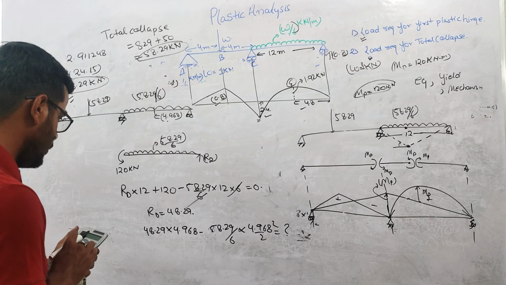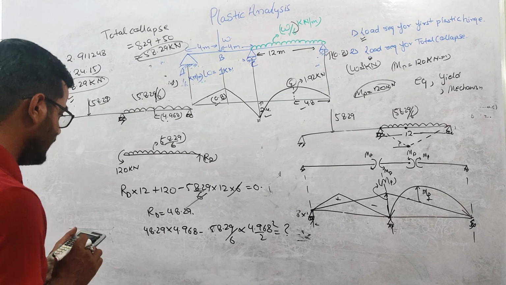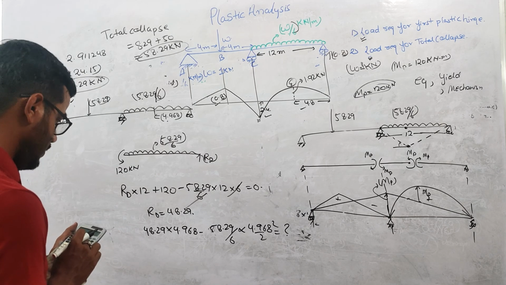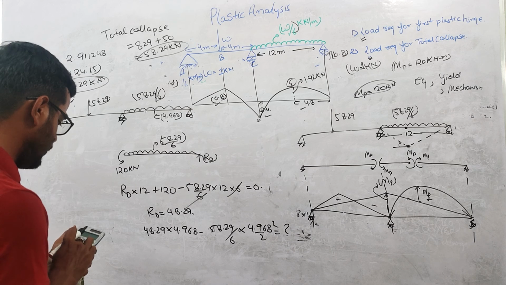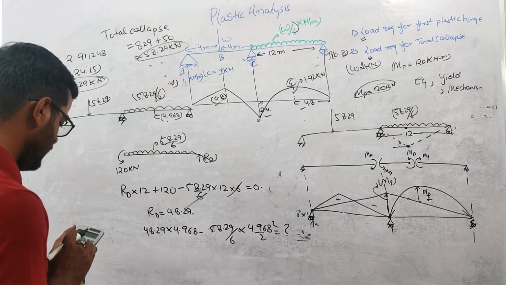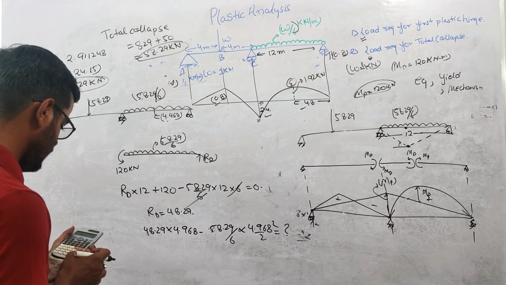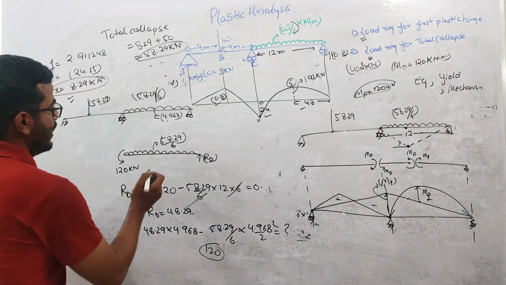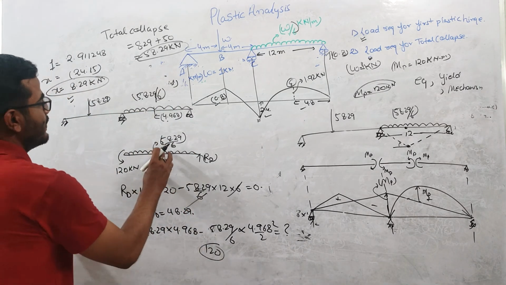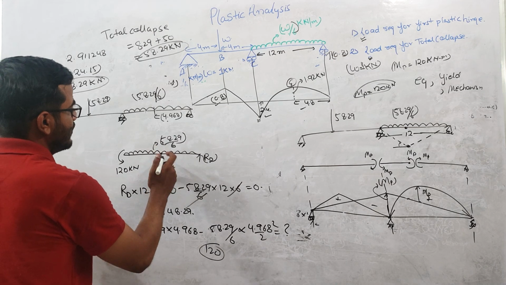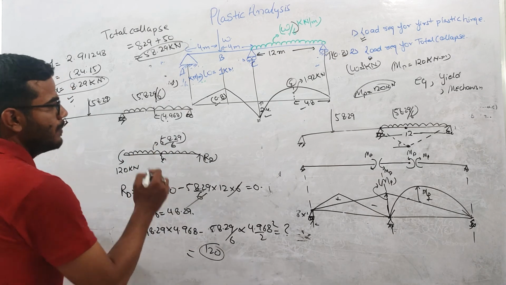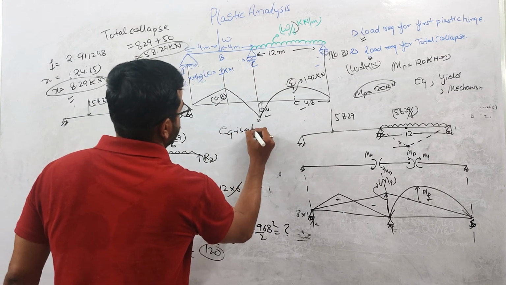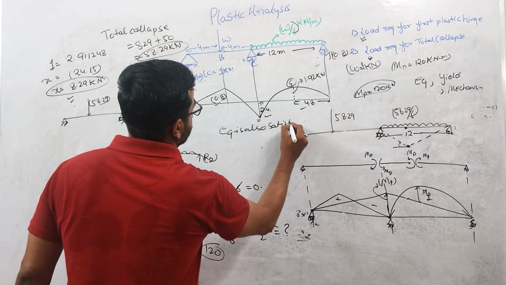So 48.29 into 4.968 minus 58.29 into 4.968 square divided by 12. This value is coming out to be 120. So the equilibrium condition is also satisfied.